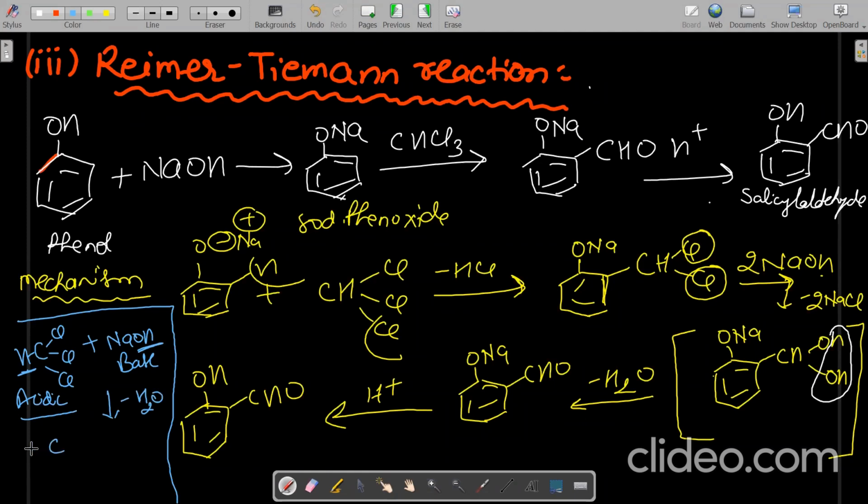And what is left over there? C minus Cl3, okay. And again, this Cl will be lost to form CCl2. In short, I can write CCl2. And this CCl2 is actually the electrophile in the Reimer-Tiemann reaction. This is the electrophile.